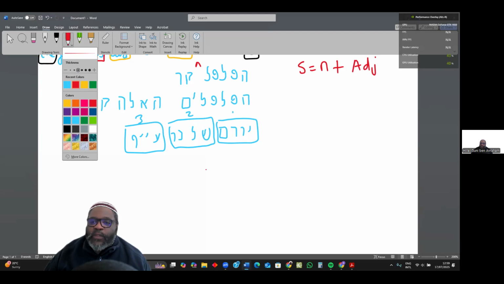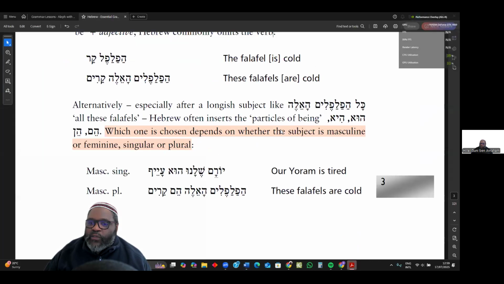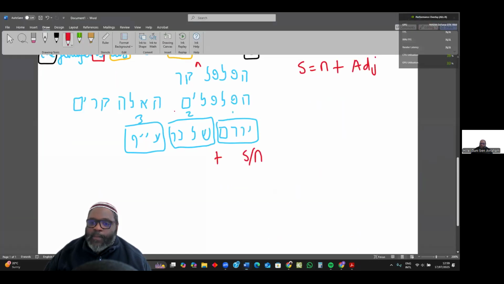There's no vowels. So we have Yoram, which is part of our subject or our noun, plus this interesting concept that we have learned. I've missed something.